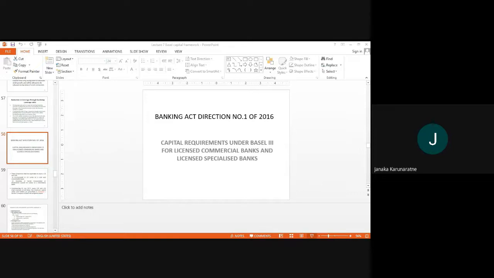So basically what we discussed last time was how the Basel code tried to address different risks a bank faces, and how different standards were set to mitigate such risk in terms of capital. It started in 1988 with the implementation of Basel 1, which broadly covered credit risk, and then moved to Basel 2, and now we are in Basel 3, where the majority of risks are covered.